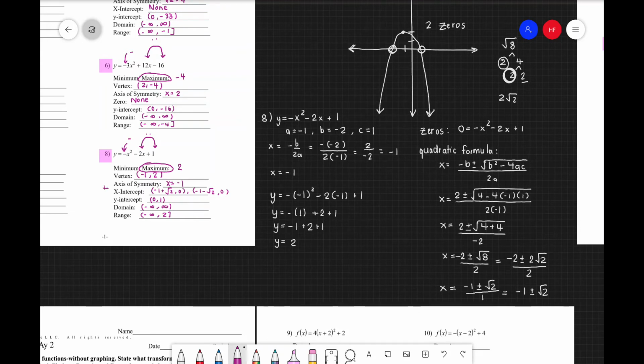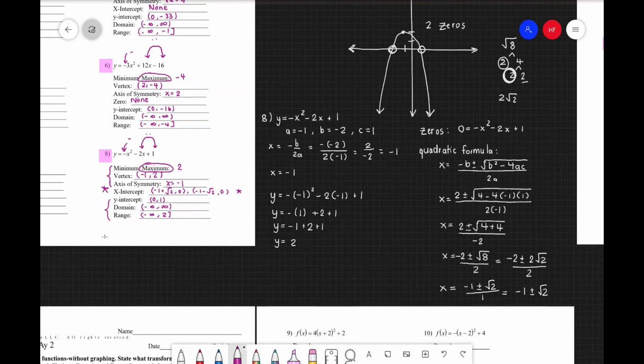So if you struggle with your x-intercepts, do not worry about them for now, because we will be going back over the quadratic formula and how to solve quadratics. So if you are absolutely struggling, it is absolutely okay. Just leave those blank and make sure you're getting this through here and this through here.